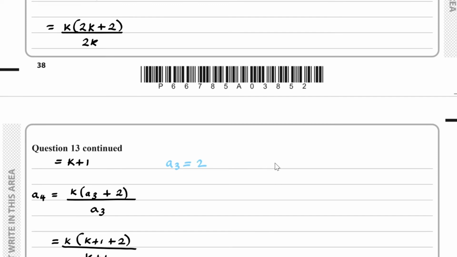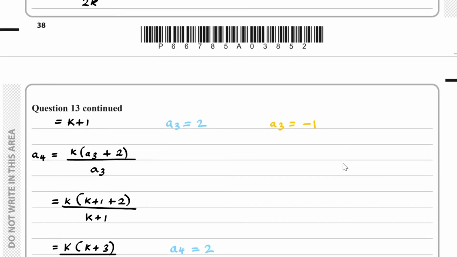And a3 will equal minus 2 plus 1, which is minus 1. And of course, because we have a period of order 3, a4 will equal a1, which is 2.